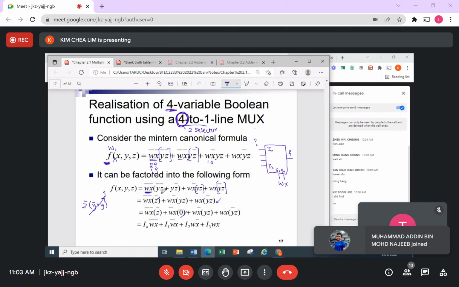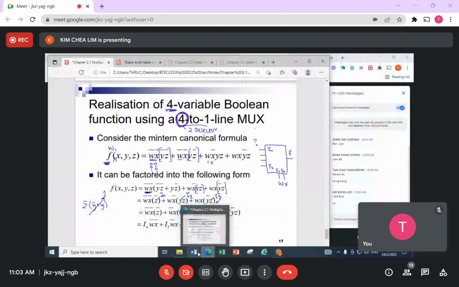And this is the one for my I0 because this is 0, 0. This is 1, 0, so it's my I2. This is 1, 1, which forms my I3. Okay, I add in the I1 on my own, which is a 0.